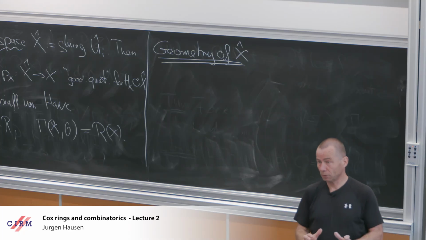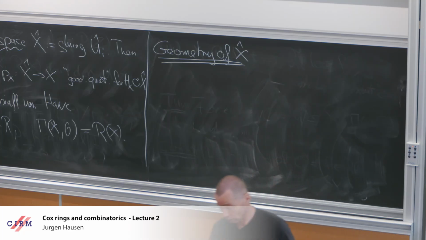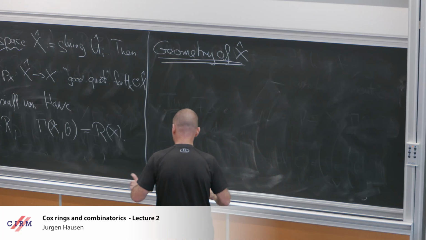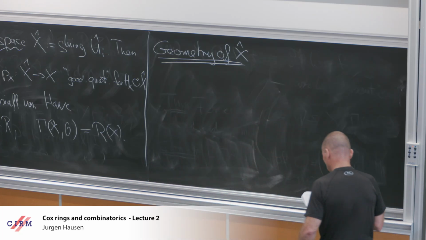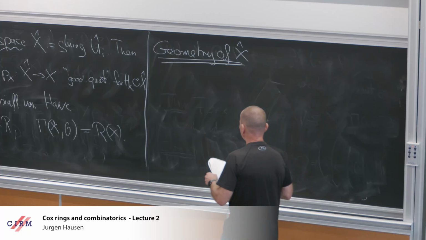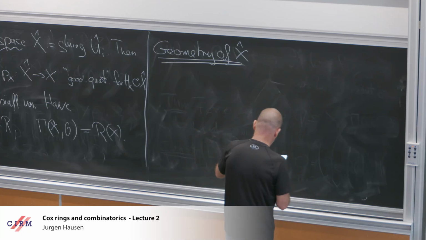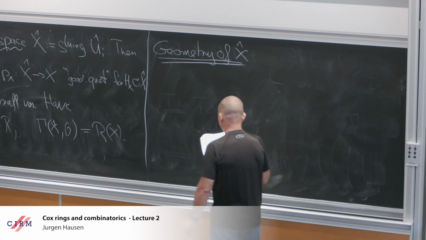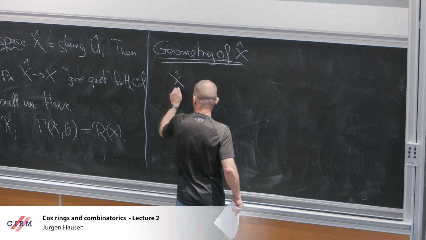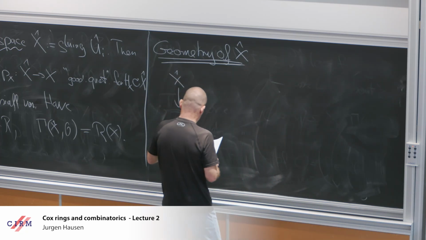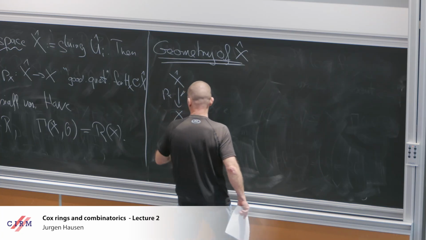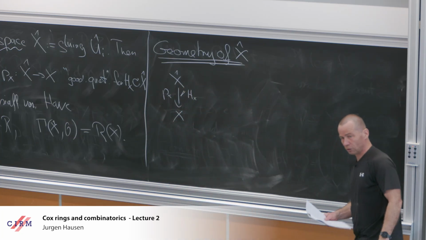So nothing new in the toric case, after a bit of thinking, so we just extended it to a more general setting. We look at this characteristic space over X.